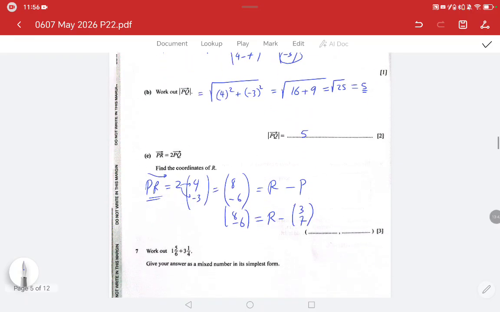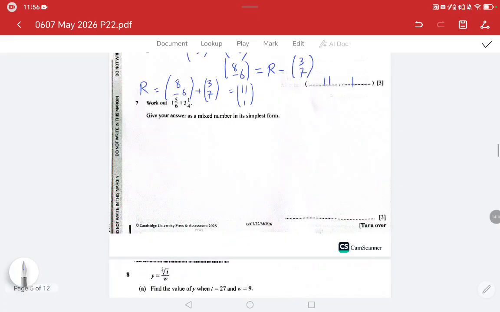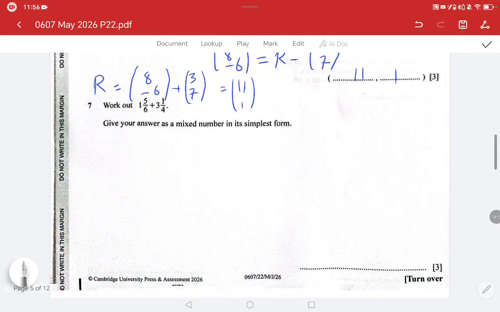So if you want to find R, it is the addition of (8, -6) and (3, 7). So the answer should be 8 plus 3, 11, and negative 6 plus 7, it's 1. So the answer should be 11 here and 1 there. Okay, done with the vectors.